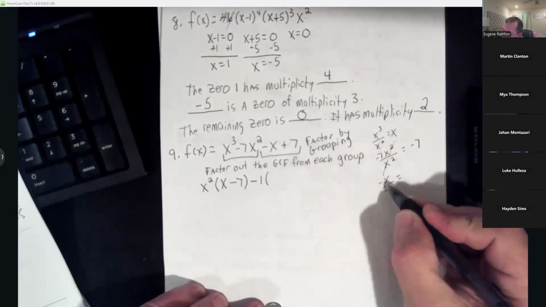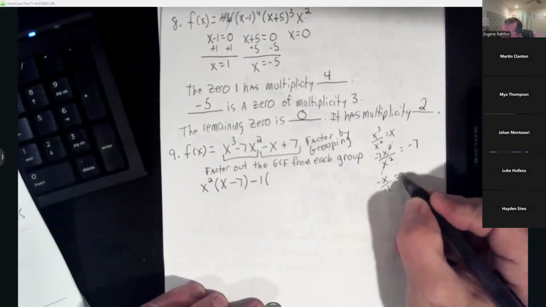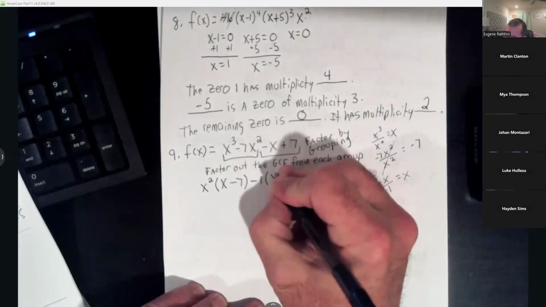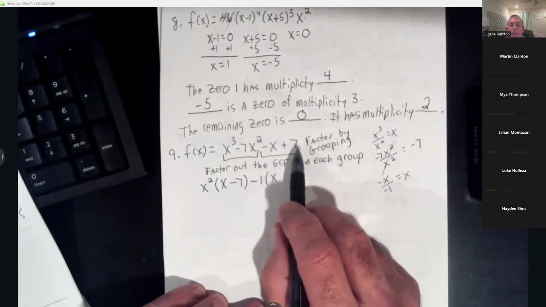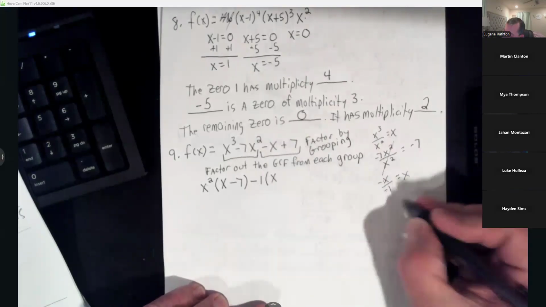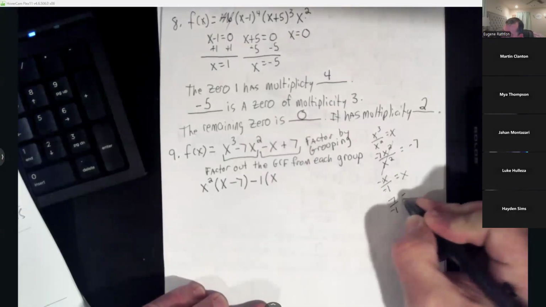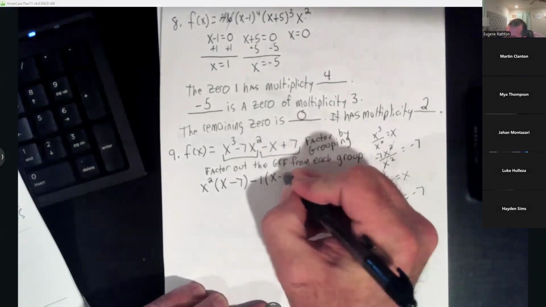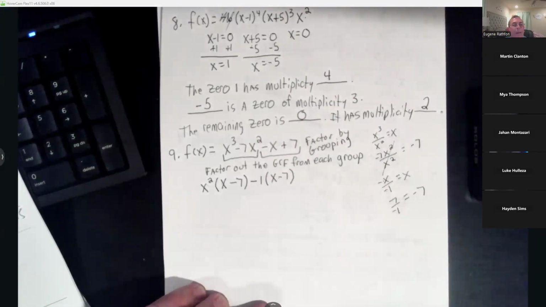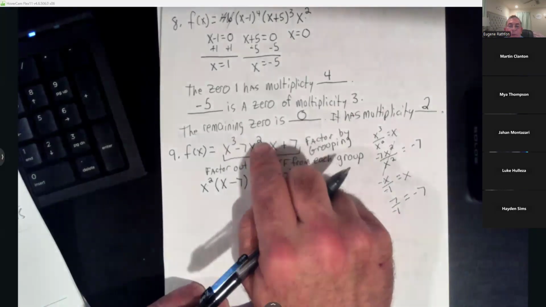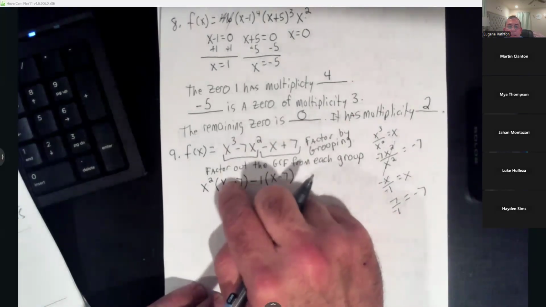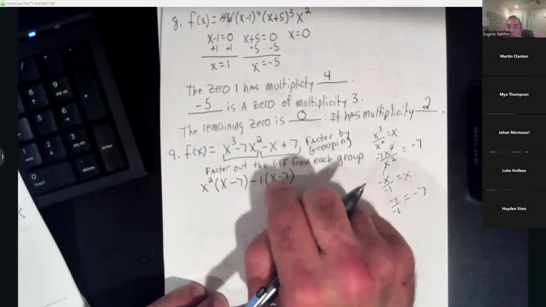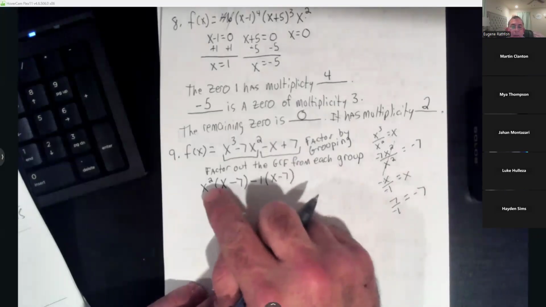So that means a negative x divided by negative 1 is going to give me a positive x. So that's going right here. What will you get when you take a 7, divide that by negative 1? That's going to give us a negative 7. Good job. So I took both of these, divided by x squared, and got an x minus 7. I took both of these, divided by the negative 1, and got an x minus 7.